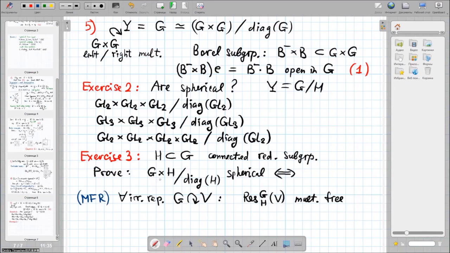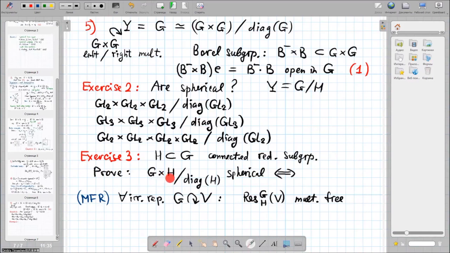In the definition of spherical varieties, we always assume the action of some reductive group. So in exercise 3, the acting group is G or H?